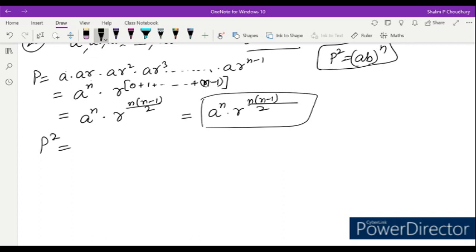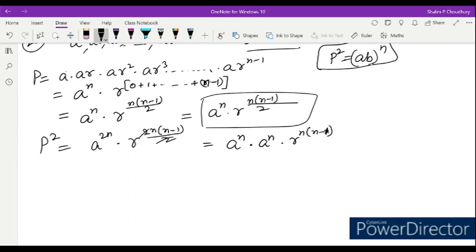Okay, now p square will be a to the power 2n into r to the power 2 into n into n minus 1 divided by 2. The 2s cancel. So what value will we be getting? We'll be getting a to the power 2n. Can we write a to the power 2n as a^n into a^n? Okay, a^n into a^n into r to the power n into n minus 1.